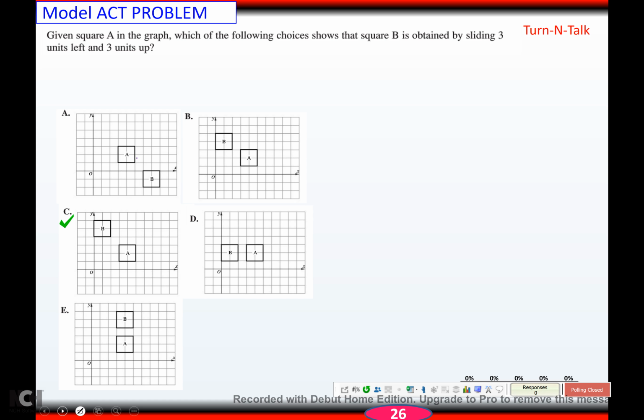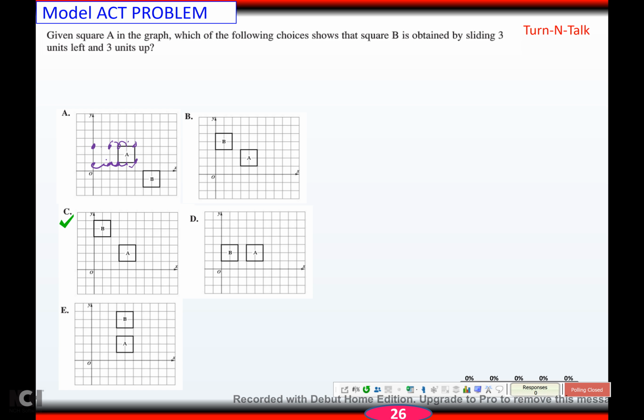Well, if A is my original one, which I don't know why they didn't give me just a regular picture to do, but anyway, I'm going to go 3 units left. So this point's going to go 1, 2, 3, and that'll be there. This point will go 1, 2, 3, and it will be there. This point would go 1, 2, 3, and this point 1, 2, 3.